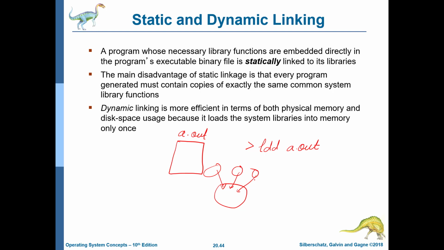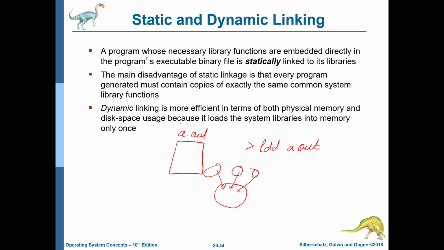So the main disadvantage of static linkage is that we will have copies of functions which are anyway there in system library files, and we'll have tens or hundreds of copies which will take up space in our memory and on our disk with no advantage.